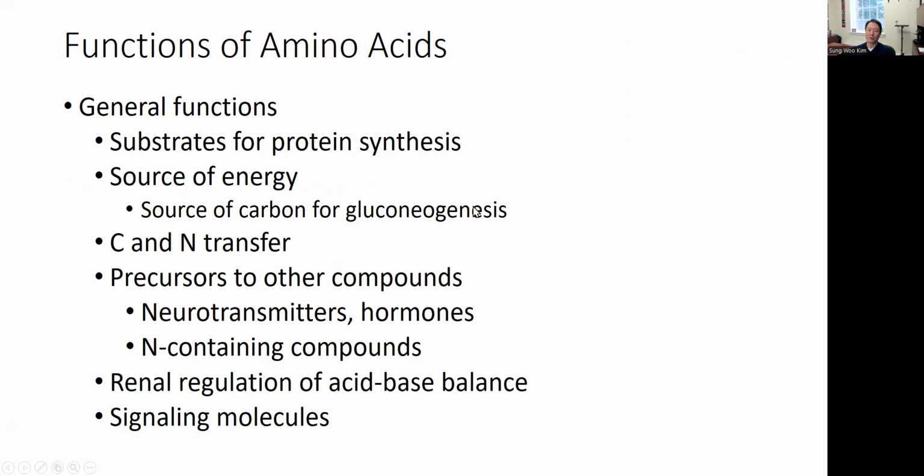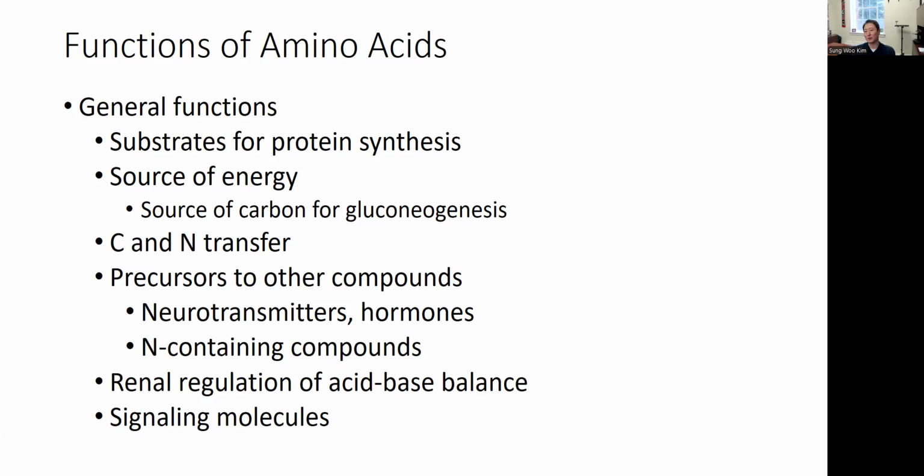Now, last slide for this section, I'd like to show you very general functions of amino acids, regardless of the individual amino acid. It's very general for all amino acids. Okay, most likely, these 20 amino acids that we're talking about here will be used in protein synthesis.